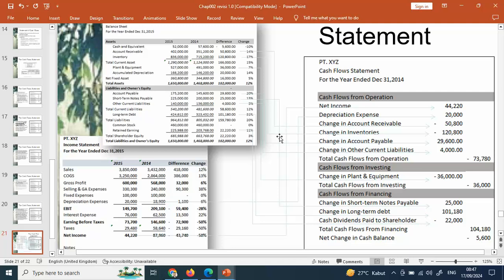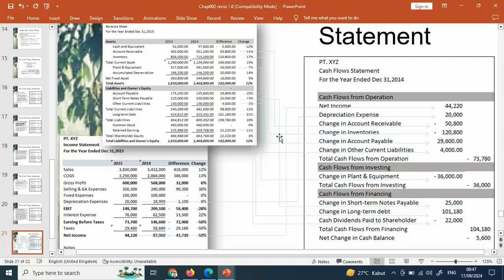So short-term notes payable is not on the operation. Account receivable and account payable are in operation. Short-term notes payable is borrowing money, so it is on the financing. Okay. Other current liabilities, from 166 to 140, 40,000.